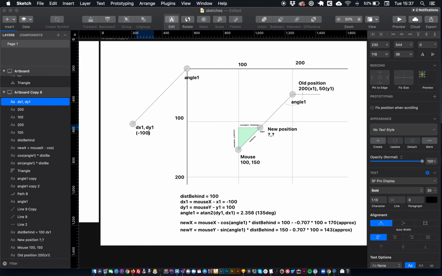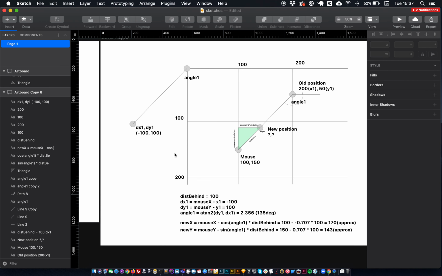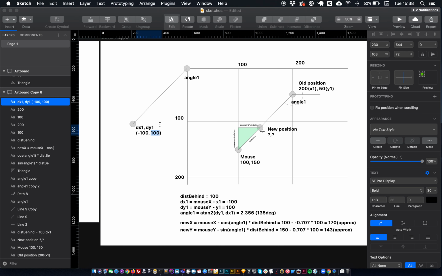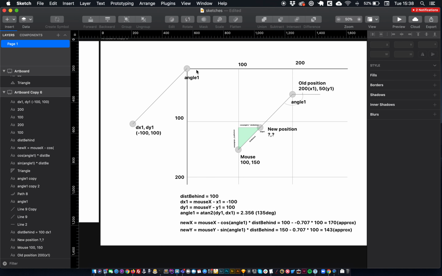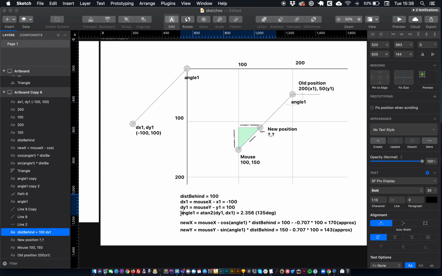It's good to work with some values just so you can understand what's happening. So you can see that's minus 100 in x, and it's 100 down in the y column, roughly. So you can see we're going to be given this angle. Here's that value: angle1 is atan2 of that point there.